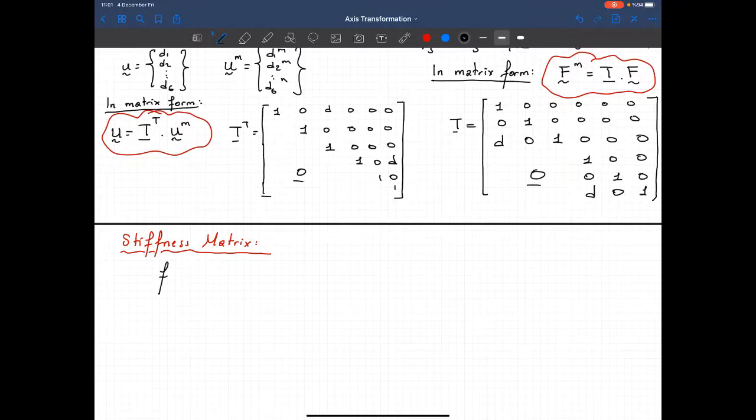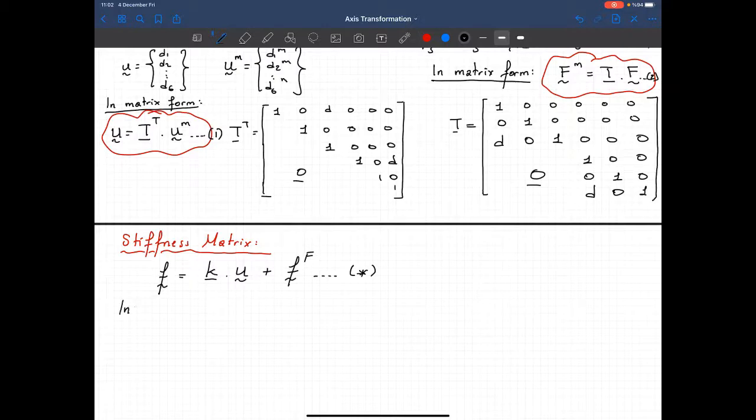I will start from the member and forces equation. F is equal to element stiffness matrix multiplied with the displacements at the end of that member plus the fixed end force vector. Okay, so let's call this one equation star. I would like to call this one equation 1 and this one as equation 2.